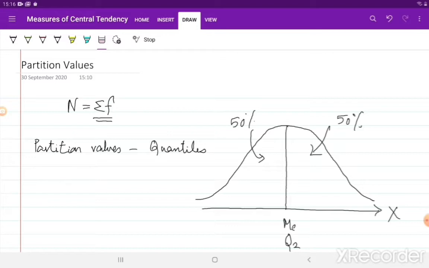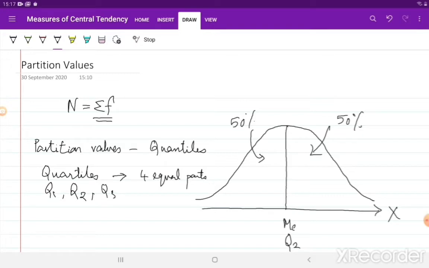The important quantile terms that you will come across are quartiles. Now quartiles divide the entire distribution into 4 equal parts. So you're talking about 3 values, Q1, Q2, Q3, the general notation by convention.